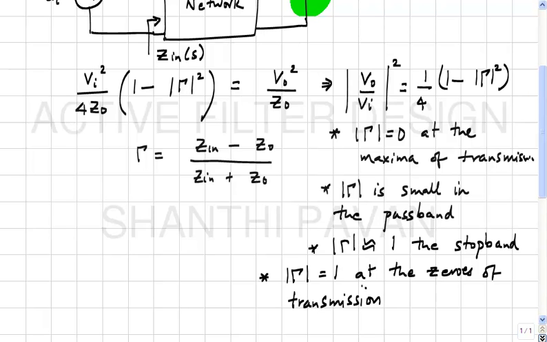For all pole filters, the zeros of transmission just occur at infinity. So mod gamma only goes to 1 at infinity. On the other hand, for the other approximation we saw, that is the inverse Chebyshev approximation, we saw that there are finite zeros of transmission, which means that the mod gamma will actually touch 1 at those frequencies. Is that clear? All right.